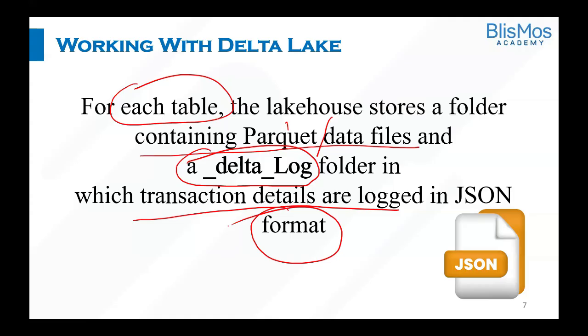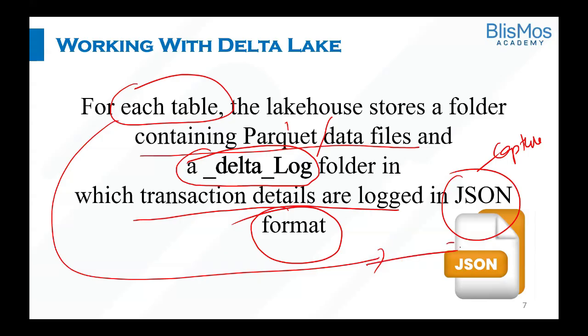So whenever you create a table, there are two things. One is obviously the Parquet files, and we have a delta log folder. In the delta log folder, you have a JSON file which captures CRUD operations. I mean, whenever you are manipulating the table, those manipulations are logged in JSON in the delta log folder.